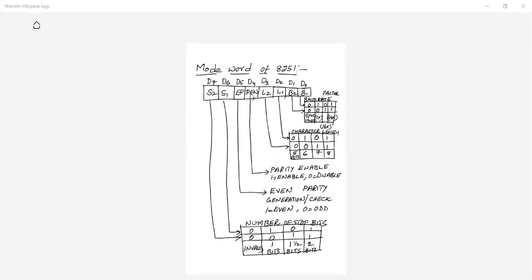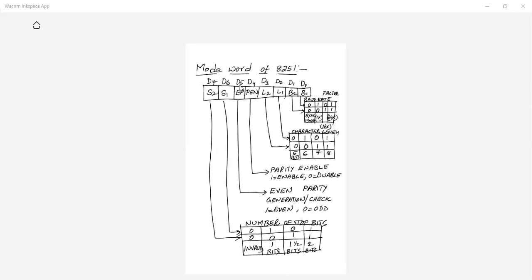If you are interested to transmit the parity bit, or if you are interested to receive the parity bit, then what kind of parity are you going to use, whether it is even parity or odd. For even parity, D5 is 1. For odd, D5 is 0. Right. If you are interested to use the even parity in data transmission, then D5 must be 1.